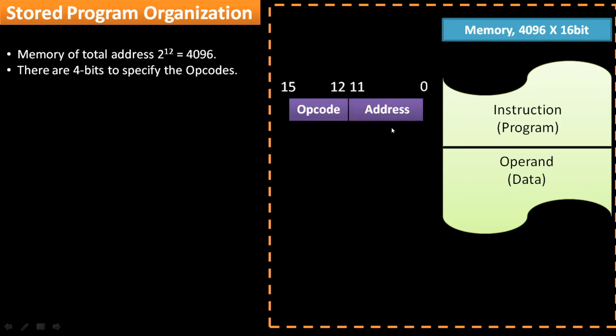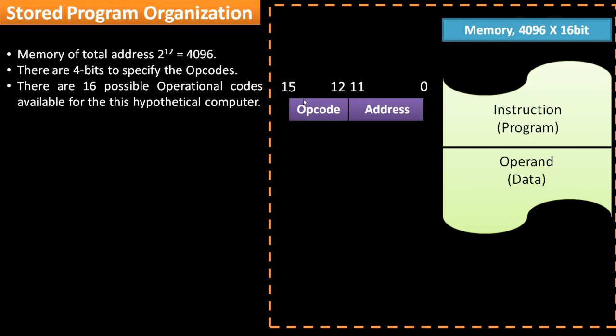The instruction code will then have the most significant 4 bits, from the 12th position to the 15th position, providing the operational code, and the next are the address bits.